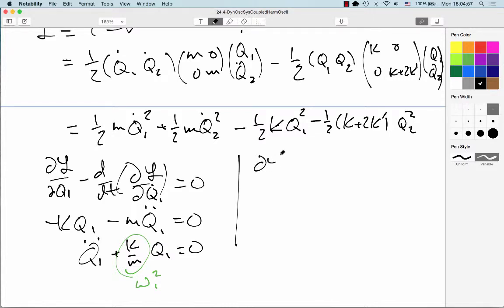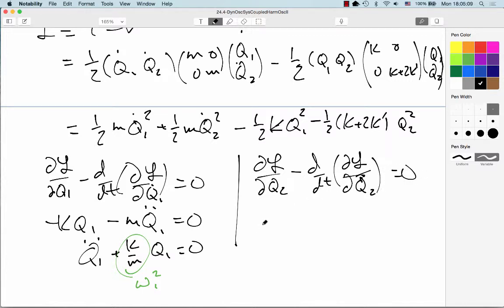Similarly, partial L partial Q2 minus d dt of partial L partial Q2 dot equals 0. So this will become minus, oops, I lied, minus K plus 2K prime Q2 minus M Q2 double dot equals 0.